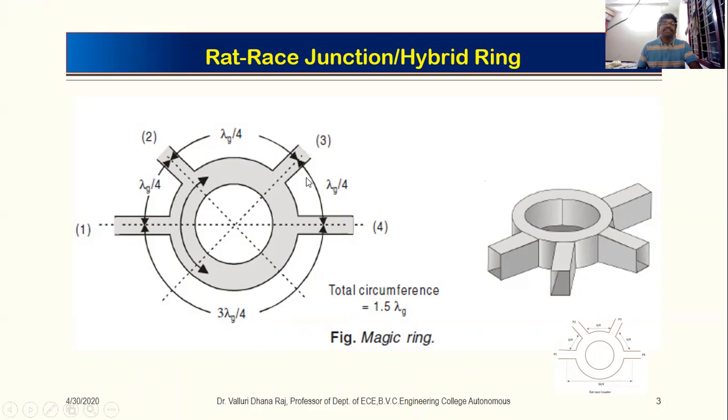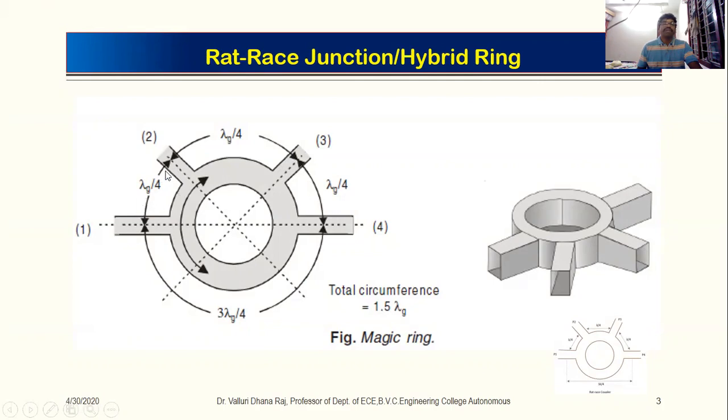On same lines, the remaining ports and the corresponding path differences can be calculated, and we can estimate using the path difference how much could be the phase difference. So 2 pi by lambda g multiplied by path difference, we can get how much phase difference between the two waves.